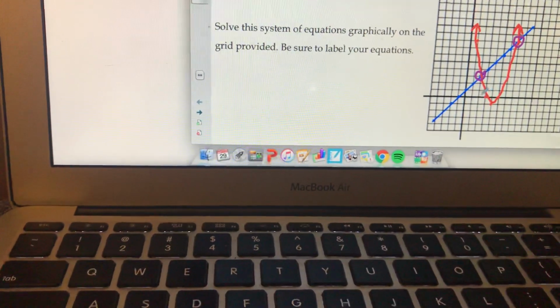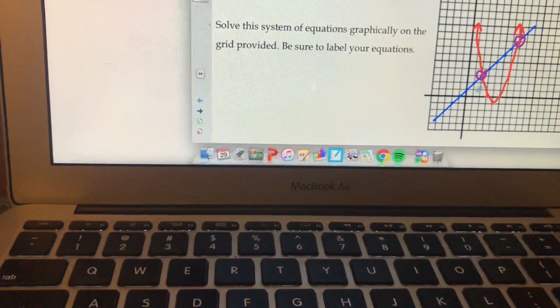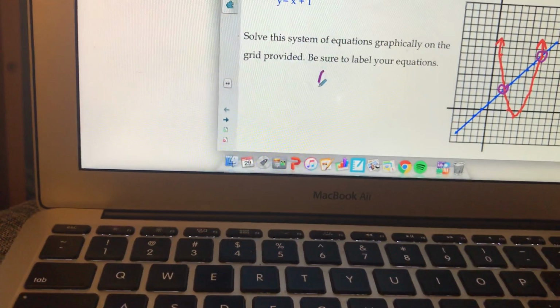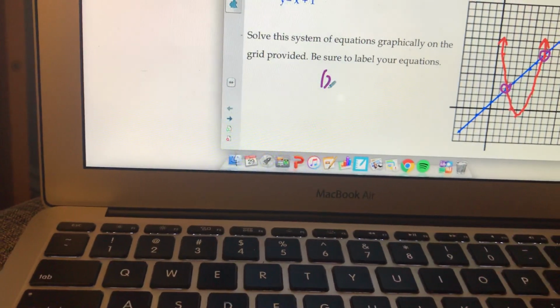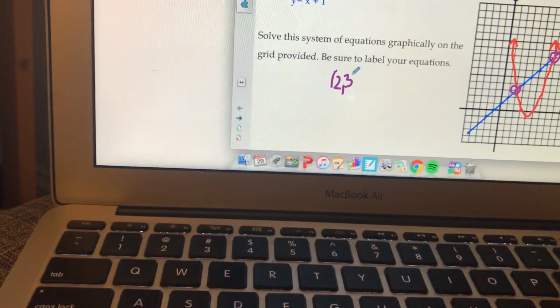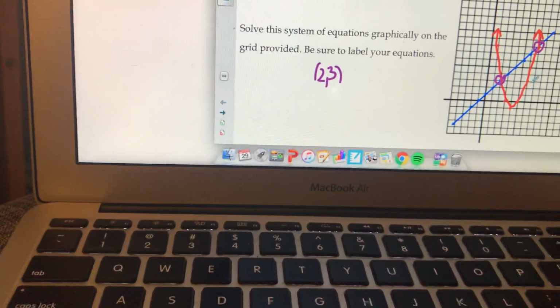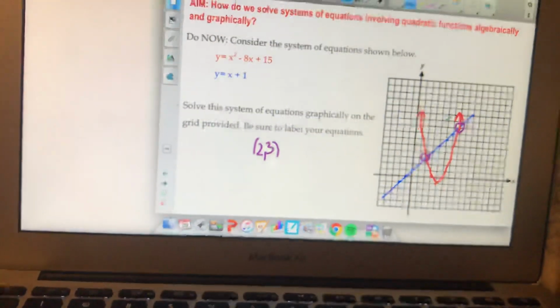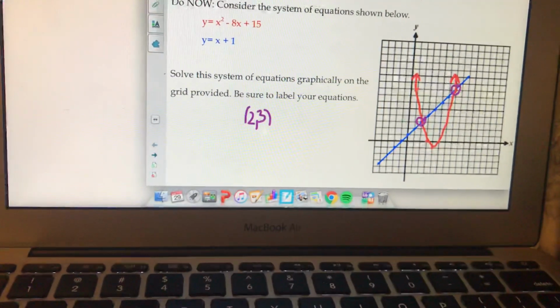Those are my two solutions. One is 2, 3. It's so hard to write on this. 2, 3. And my other point is this one here, which we're going to solve next algebraically to confirm it.